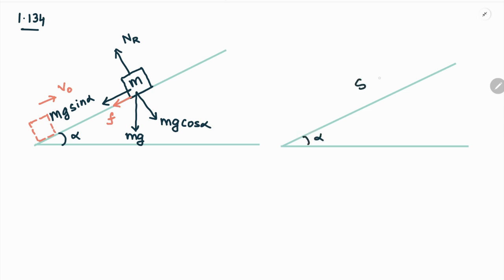So if we approach this problem, the first thing that we write is that the value of normal reaction force is equal to mg cos alpha. Due to this normal reaction force, the value of friction is equal to mu mg cos alpha.